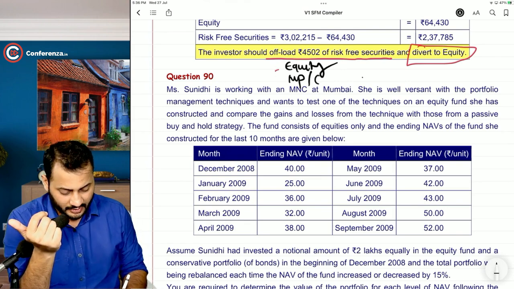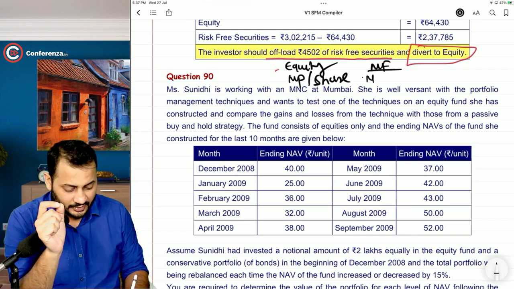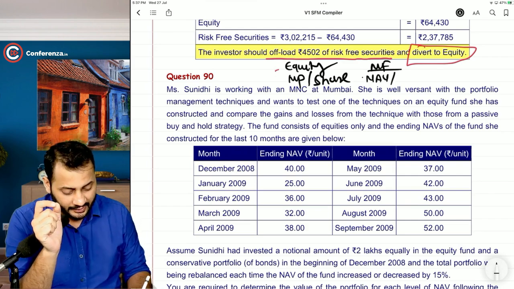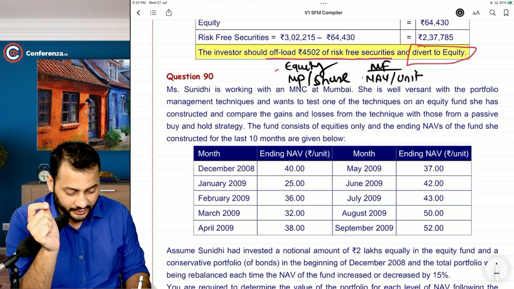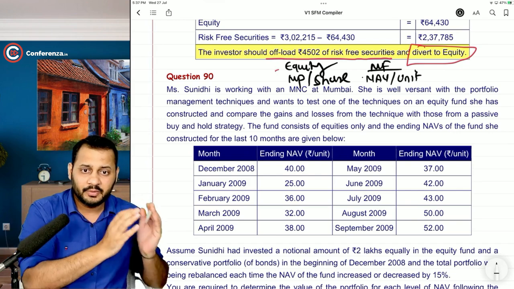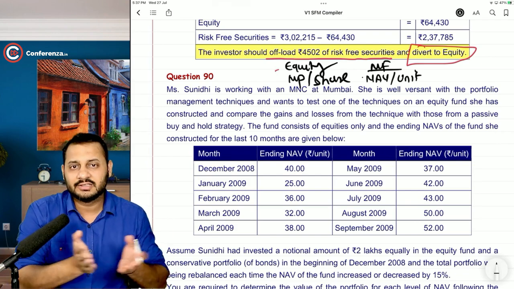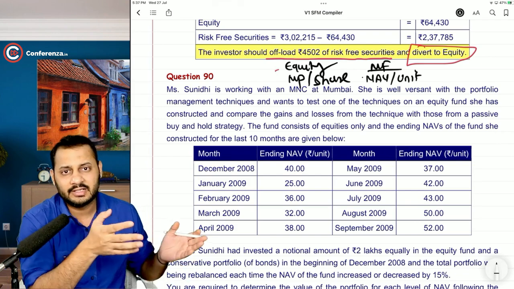So we call it market price per share. But in the mutual fund, instead of market price we call it NAV. NAV means net asset value, and instead of share we call it unit. So NAV per unit and the market price per share is one and the same thing.